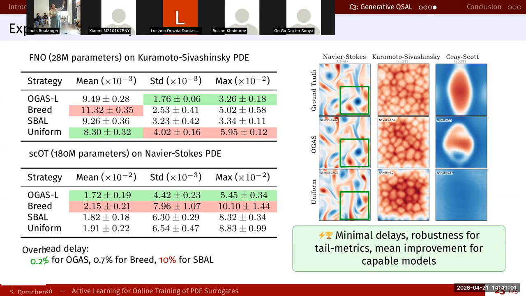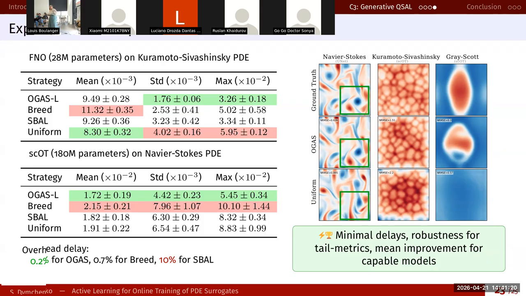And the surrogate architecture is an operator transformer, Scott, with 180 million parameters. For this case, OGAS improved all 3 metrics, the average, the deviation, and the maximum.